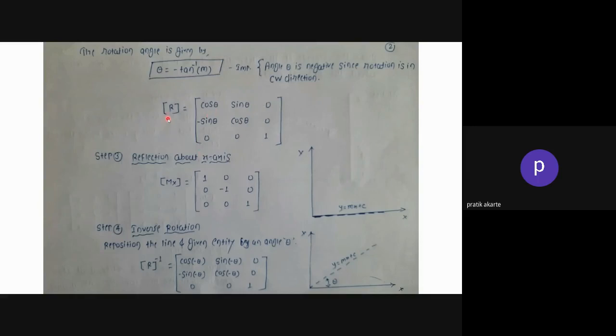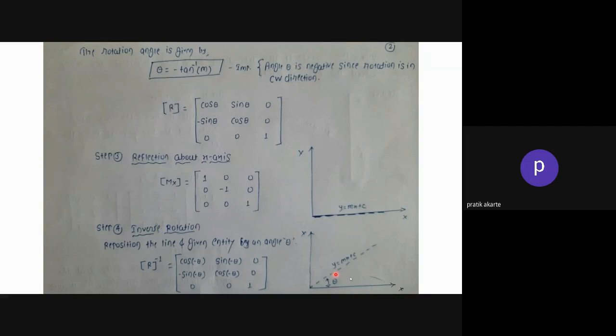But if we write the inverse of this rotational matrix, we will write cos minus theta, minus sine minus theta, etc. Whenever you encounter a physical problem, we will be writing this theta as negative because the rotational direction is clockwise. And in inverse rotation, we will be writing it as positive, which is exactly the reverse of the rotational matrix. This point will be more clear when we solve a few problems.